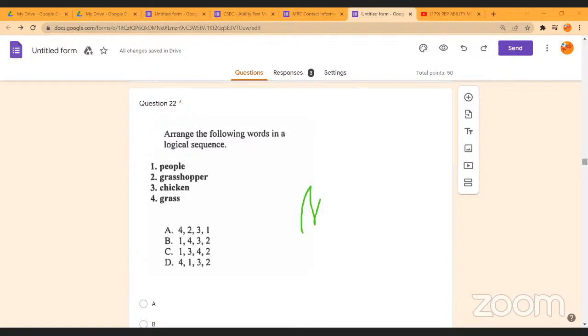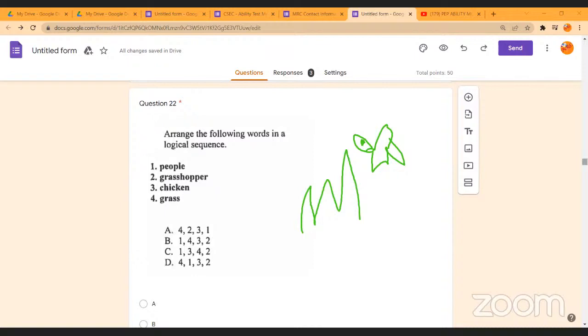So you have the grass, then the grasshopper comes and eats the grass. So let's see if I can draw a grasshopper. That's a grasshopper. Who eats the grasshopper? The people or the chicken?